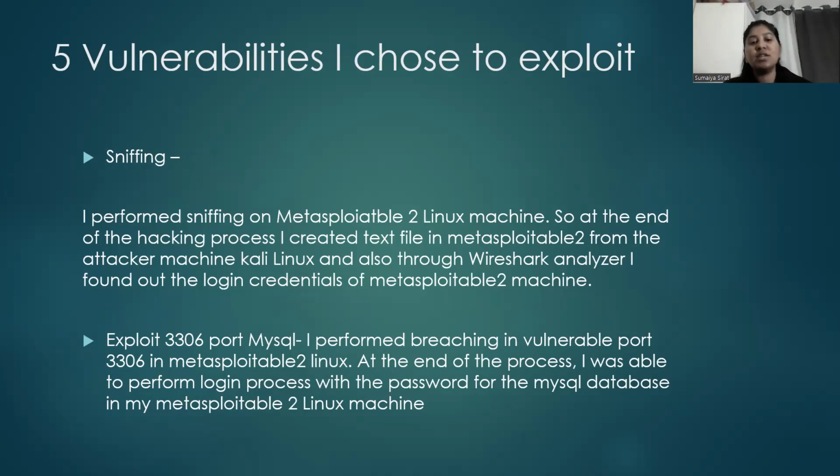The second one was exploiting MySQL port 3306. This is a vulnerable port that will give you access to all the databases available in your target machine. That's how I breached my target Metasploitable 2 Linux machine through this port.